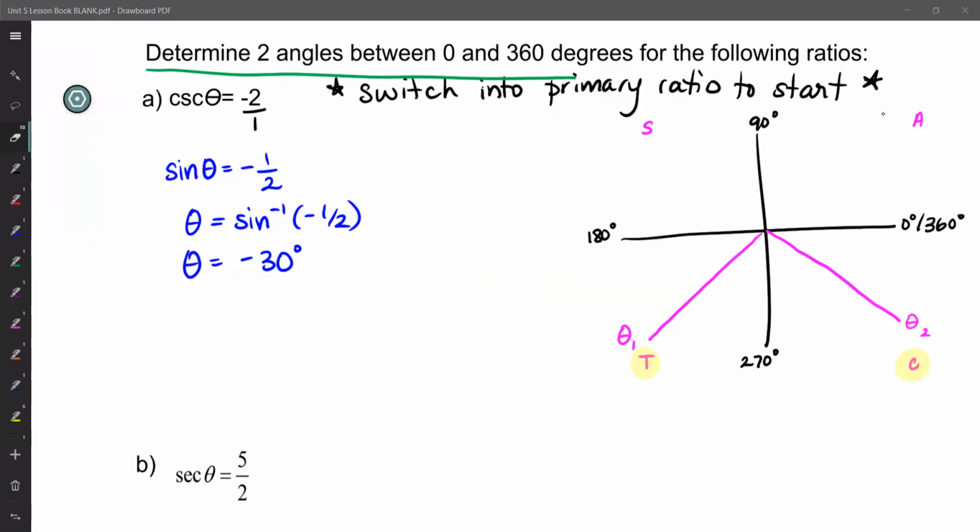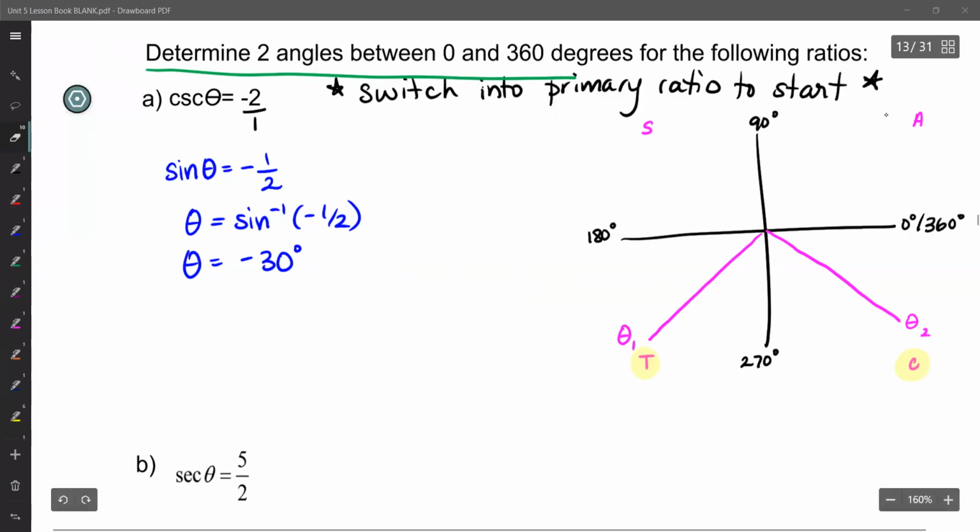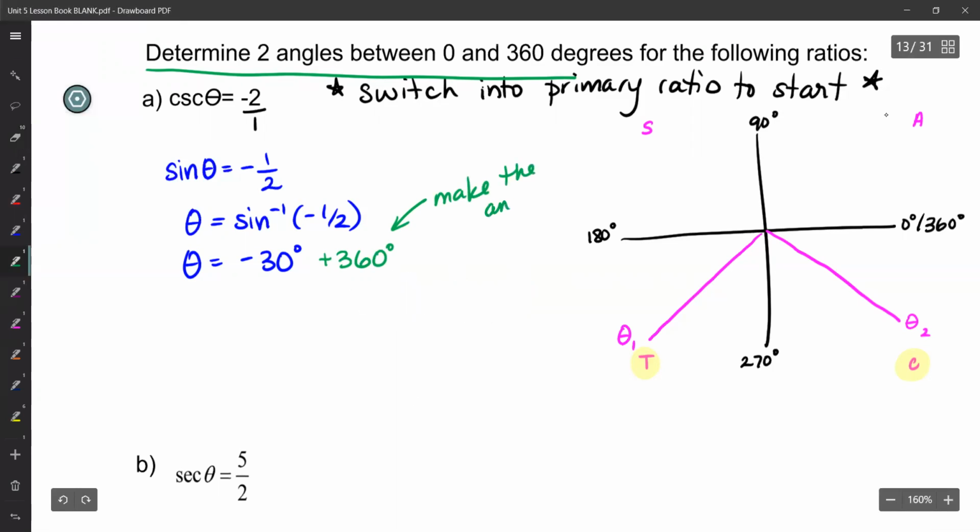Can't you add 360? Yes. So in other words, we're just finding its positive coterminal version, right? So we're going to add 360 to make the angle positive. And that's going to give us 330.